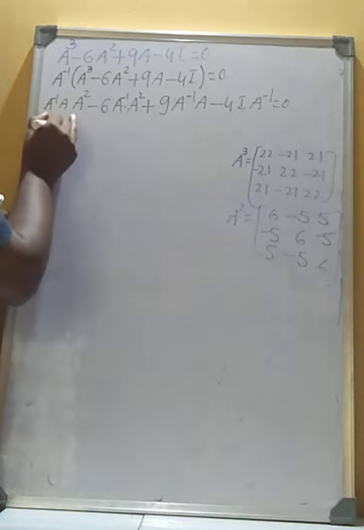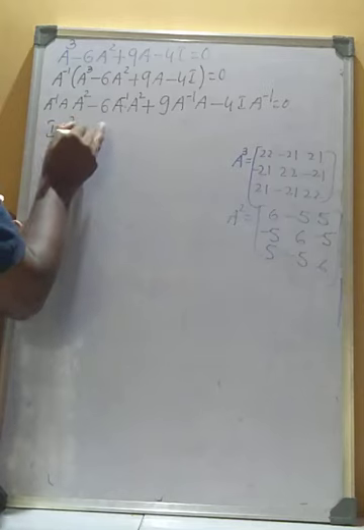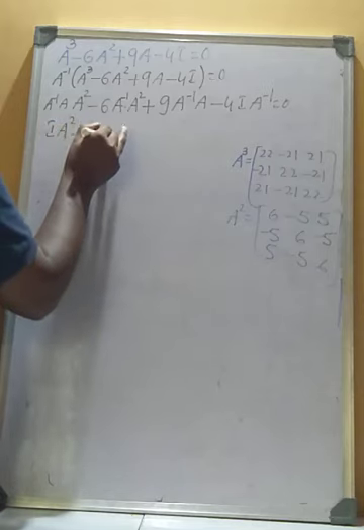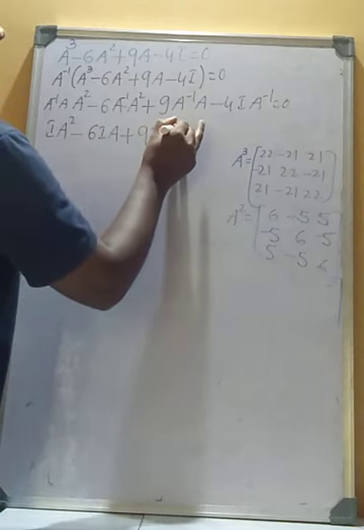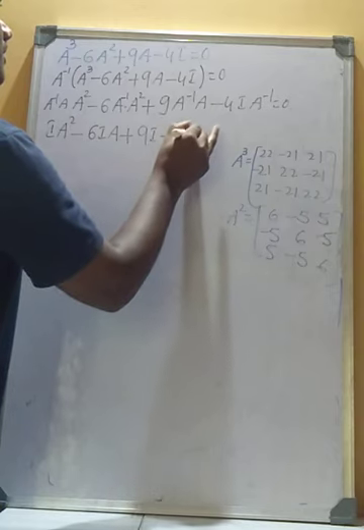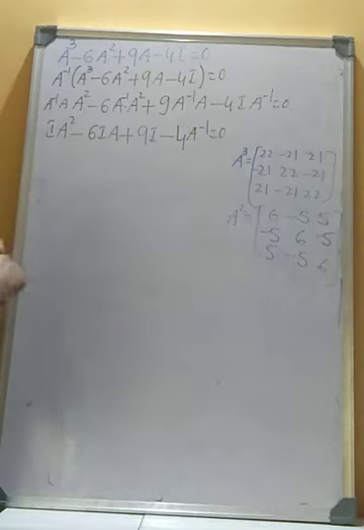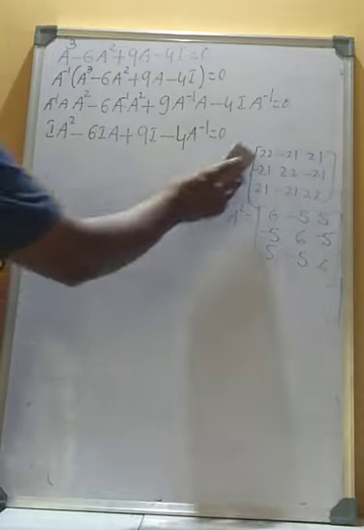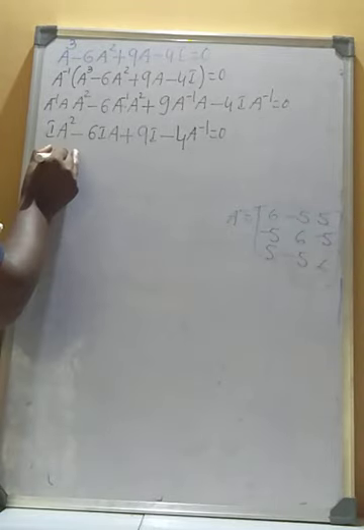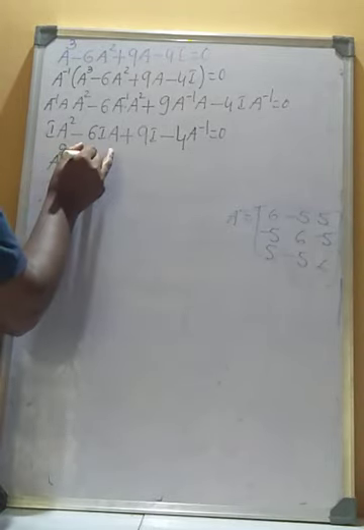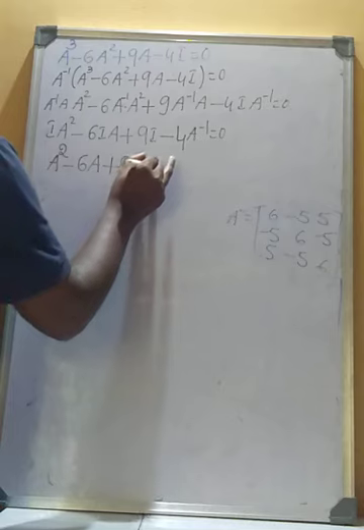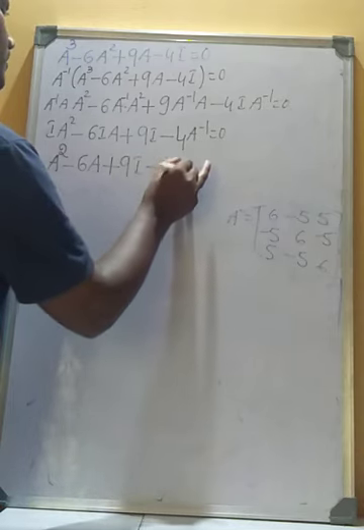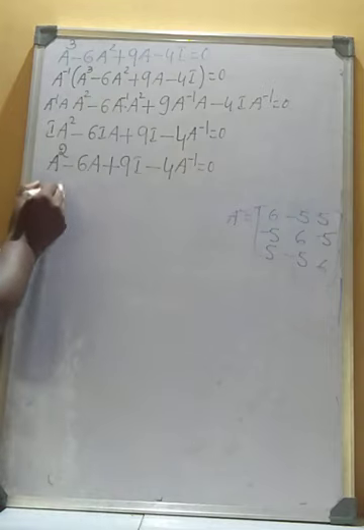So therefore A square minus 6A plus 9I minus 4A inverse is equal to 0.